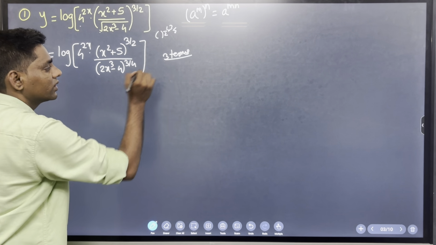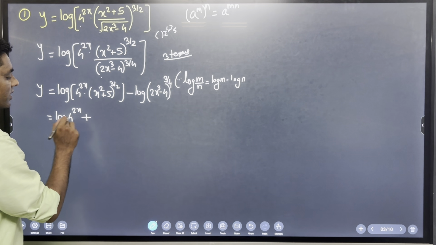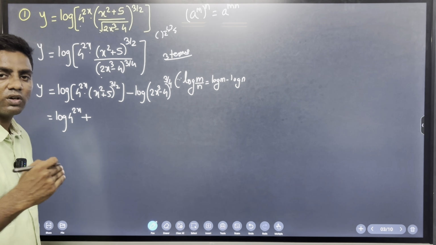So it becomes log of 4 raised to 2x into bracket x square plus 5 raised to 3 by 2. This is our complete m, and our n is log of 2x cube minus 4 raised to 3 by 4. After that, apply the product of two terms, the multiplication property, and according to that the answer is log of 4 raised to 2x. Whenever there is a multiplication property, the answer is in terms of addition.